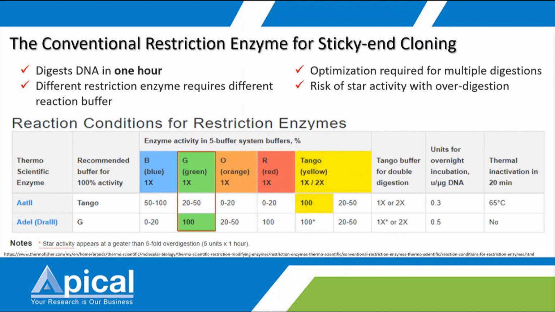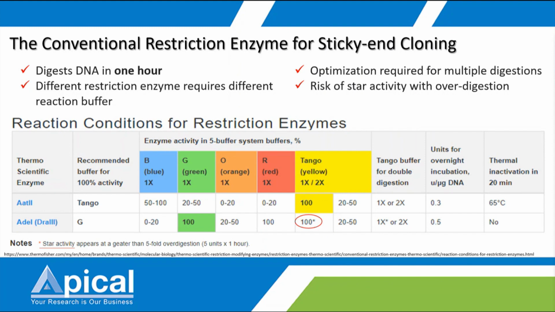So the ADE1 can also have 100% activity in Tango buffer, but you can see that there is this star. So it means this Tango buffer is not really an optimum condition for this enzyme.